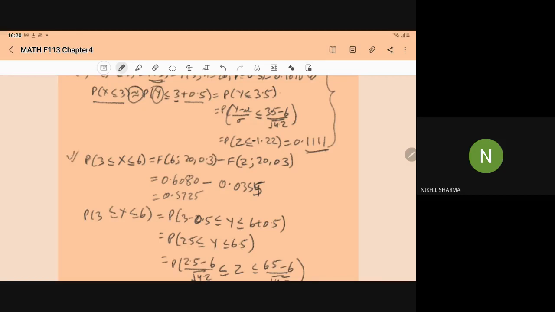So by the theory, we know that it is F(6) minus F(2), and the table value is 0.6080 minus 0.0355. So it will come to 0.5725.